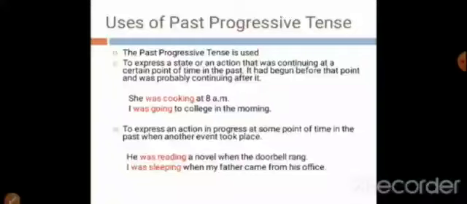He was reading a novel when the doorbell rang. So action in progress was reading, and the event that took place is doorbell rang. I was sleeping when my father came from his office. So action in progress was sleeping, and another event, father came from his office.